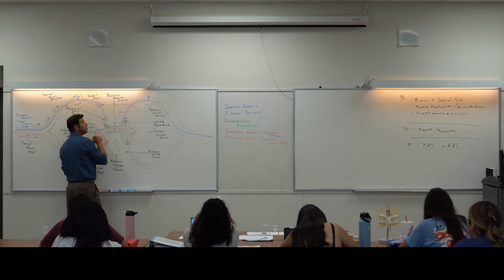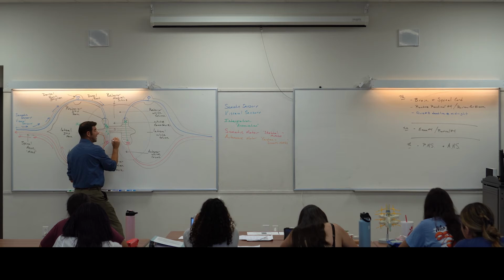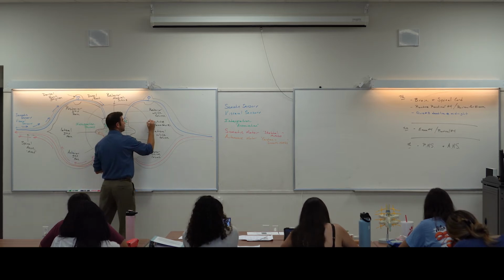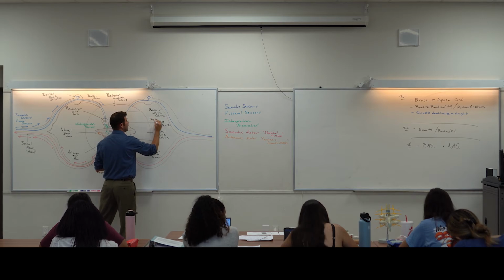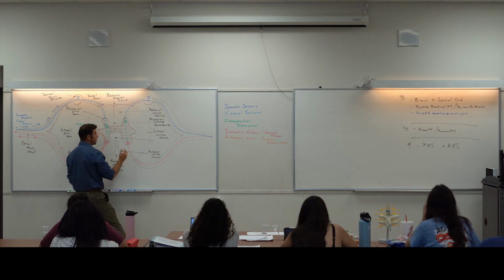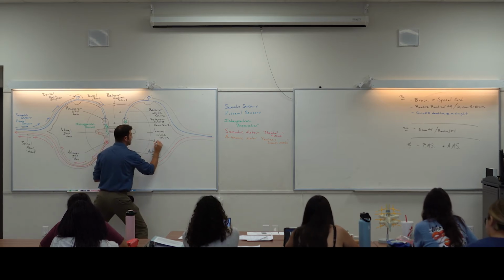Technically, this is the posterior white commissure because there's an anterior white commissure right here. Your lab handout doesn't distinguish between posterior white commissure and this anterior white commissure.